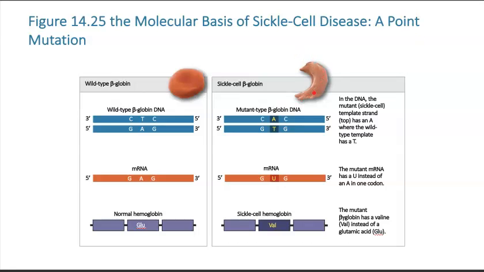Just a reminder that sickle cell disease changes the shape of the hemoglobin molecule, which causes the change in shape of the red blood cell. And this change in shape makes the red blood cell a little bit longer, and also causes it to wedge into the capillary system of the individual who has the disorder. So that's one little point mutation causing a huge problem for the individual who has it.